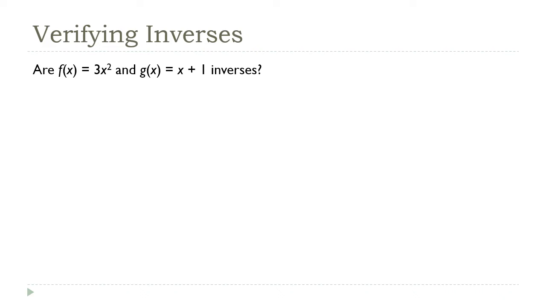All right, so let's look at an example, where I have two functions here, and I have this question: are they inverses? Well, I know what to do now. I'm going to evaluate g of f of x. This is g of 3x squared, which is 3x squared plus 1, which is not x.